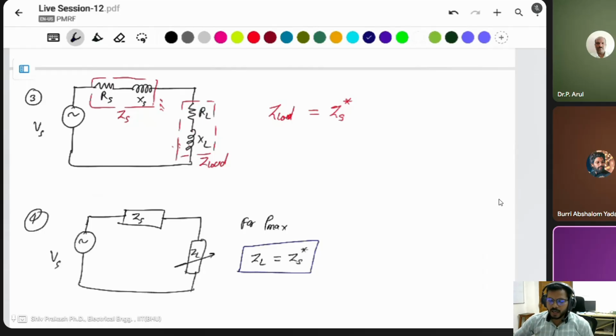You can't say whether it is an RL load or an RC load. In this case, we have to use the conjugate of this. But in this case, as RL and XL are mentioned, RL square plus XL square should be equal to RS square plus XS square.